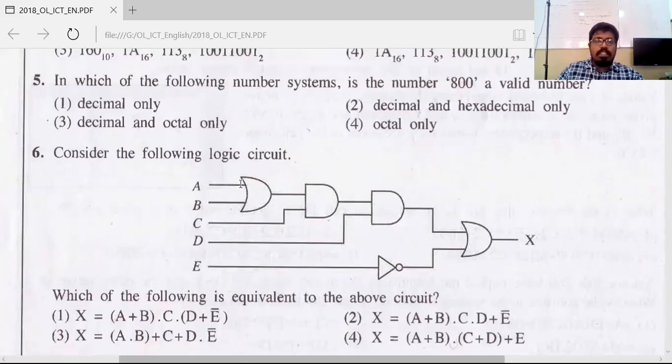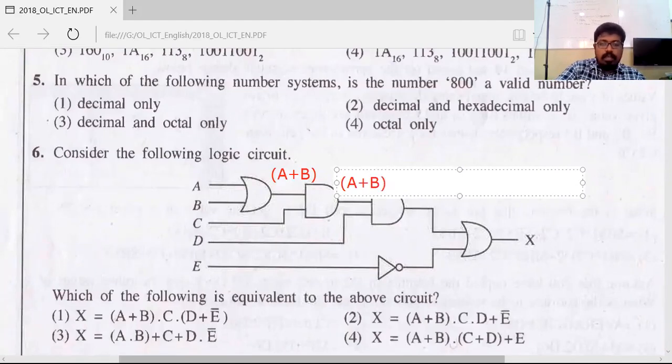This is an OR gate, so A plus B. Put the bracket here. This is an AND gate, so (A plus B) dot C.